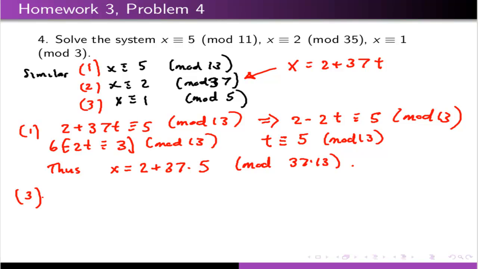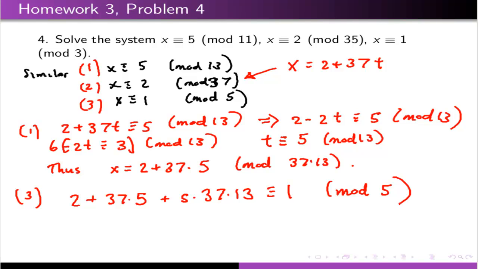So equation 3 now tells us, putting in x to be of this form, so it's 2 plus 37 times 5 plus some multiple of 37 times 13, say s times 37 times 13 should be congruent to 1 mod 5.